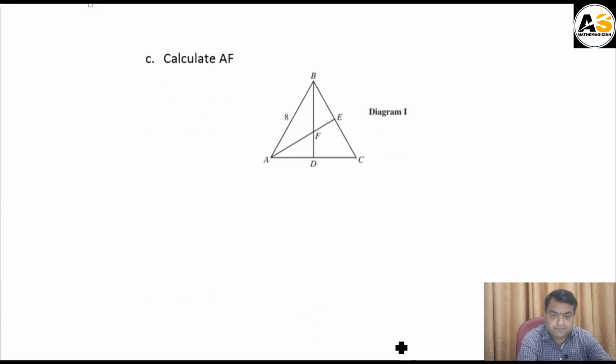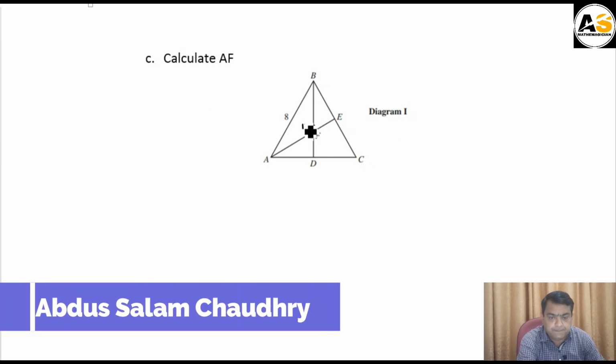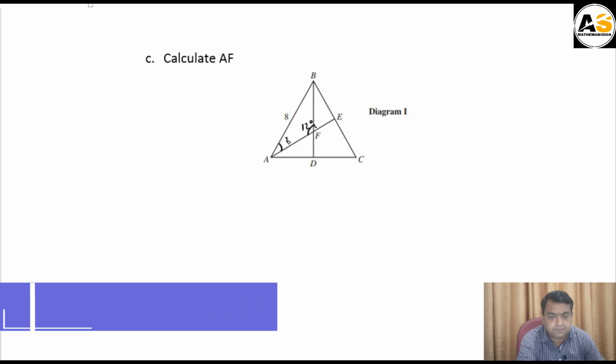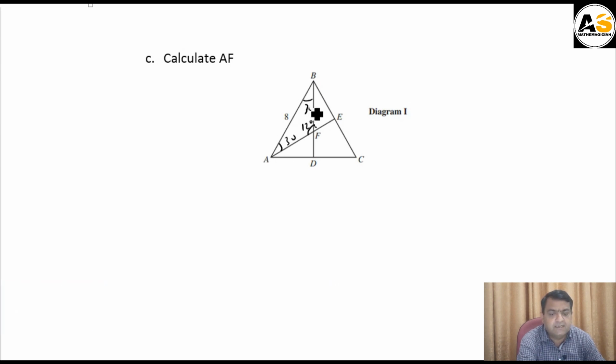For the third part, we have to find AF. This is 120. This is 30. This is also 30. Consider this triangle AFB. By using the law of sines, I can write AF over sine 30 is equal to 8 over sine 120.